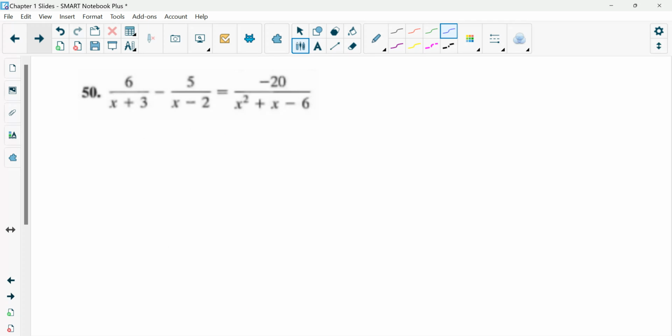And so looking at this problem, it's similar to what we've been seeing, but what do you think we have to do first? We got to factor it first, yep, because that's going to help us find our common denominator. So we can factor that last fraction's denominator with Sam.